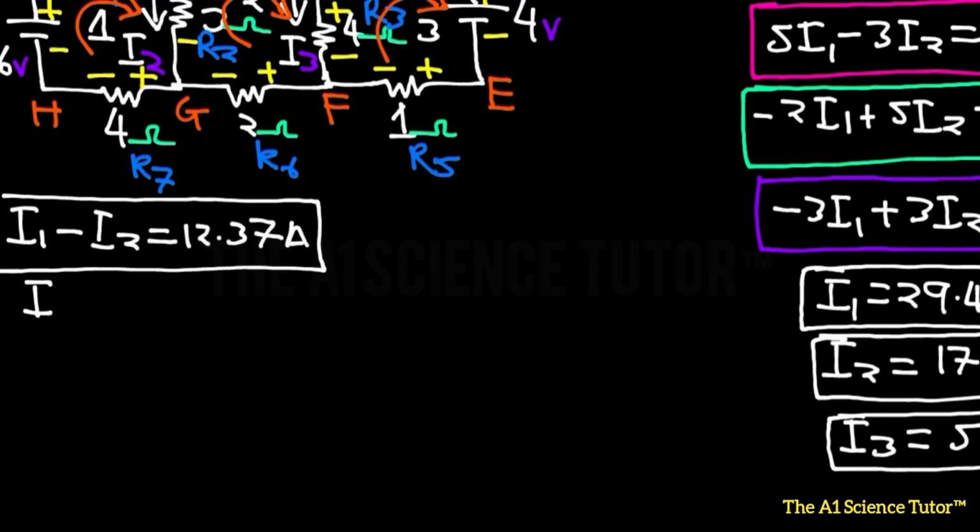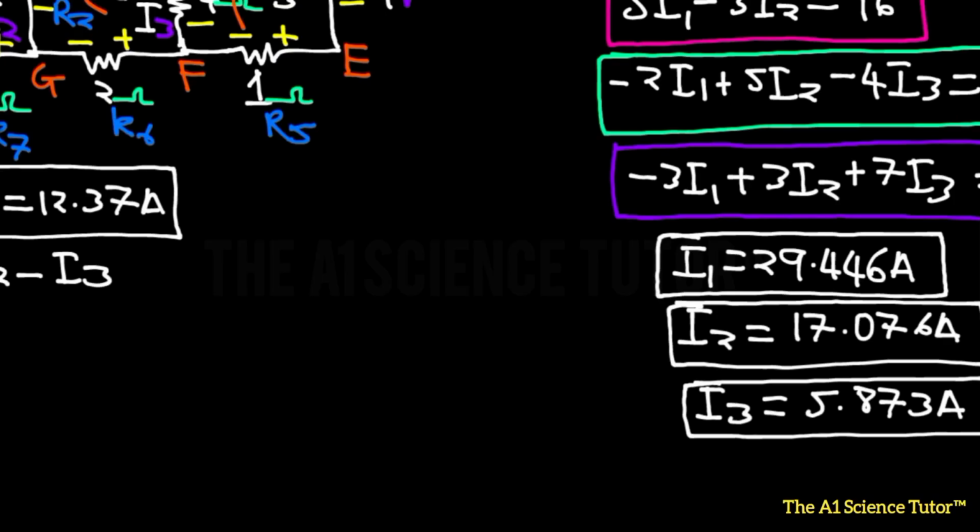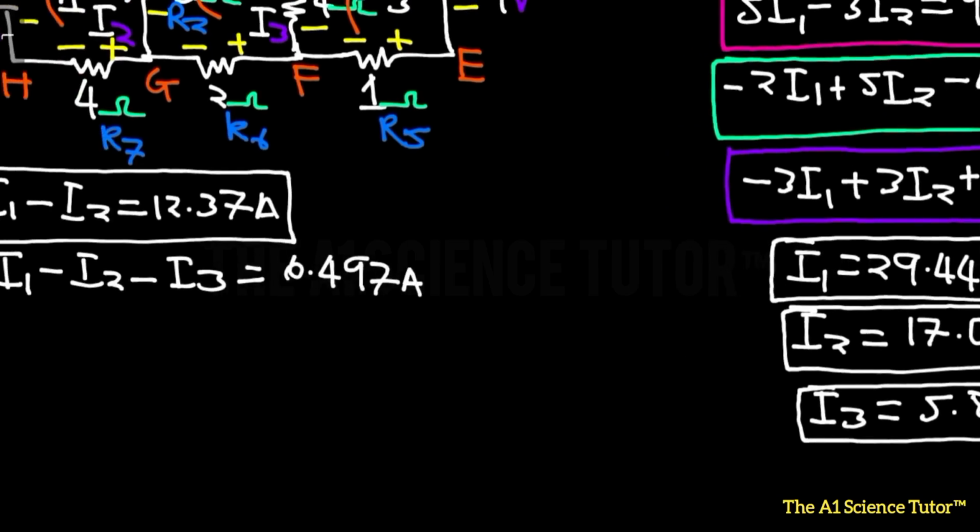Now we have to find out what will be I1 minus I2 minus I3. So this 12.37, I would subtract I3 from that. So that is minus 5.873. That gives us 6.49. So this is what you're going to have.